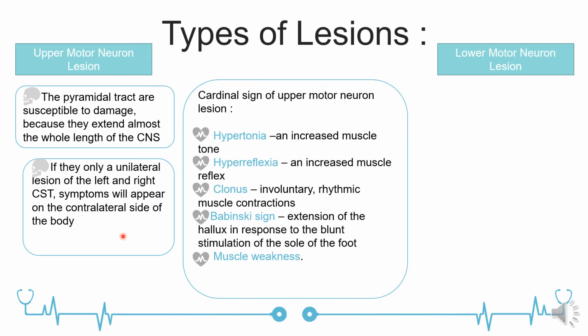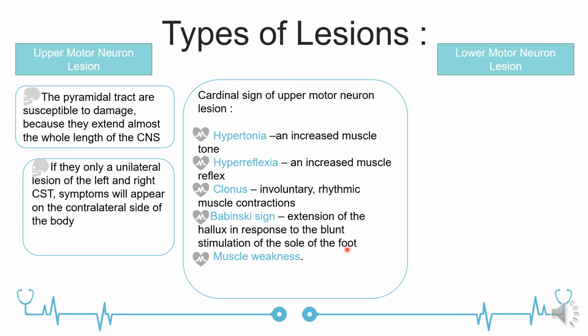So we can see the cardinal signs of an upper motor neuron lesion. We have hypertonia, an increase of muscle tone. Hyperreflexia, an increase of muscle reflex. We have clonus, involuntary rhythmic muscle contraction. And we have the Babinski sign, which is the extension of the hallux in response to blunt stimulation of the sole of the foot.